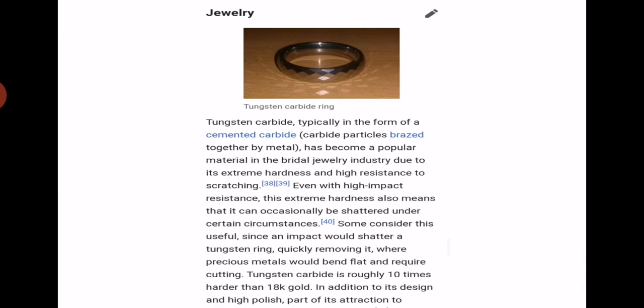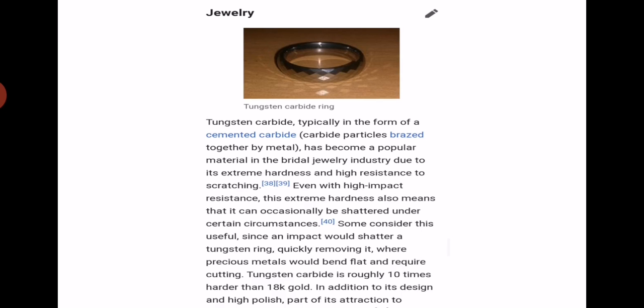Then this tungsten carbide is also used in jewelry. Tungsten carbide, typically in the form of a cemented carbide, that means carbide particles pressed together with metals, has become a popular material in the bridal jewelry industry due to its extreme hardness and high resistance to scratching.